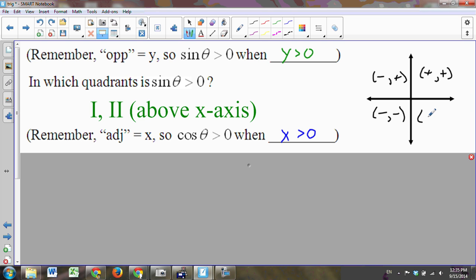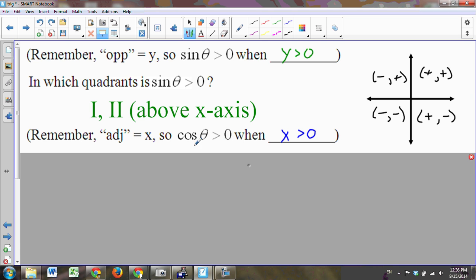And in the fourth quadrant, we've got positive x's and negative y's. So since sine is opposite over hypotenuse, and the hypotenuse is always positive, we only have to worry about the sign of the opposite. The opposite is a y, so sine is positive in the first and the second quadrants.